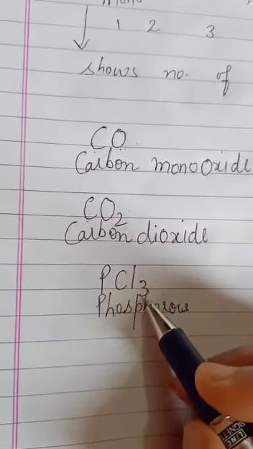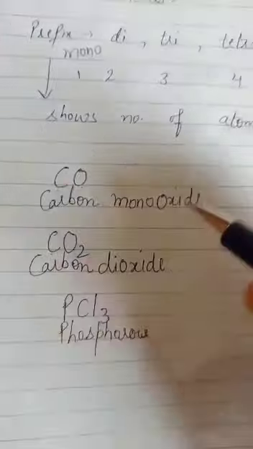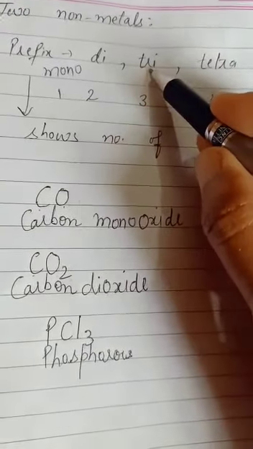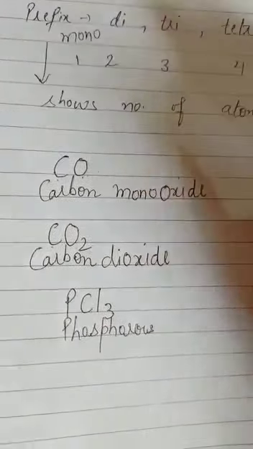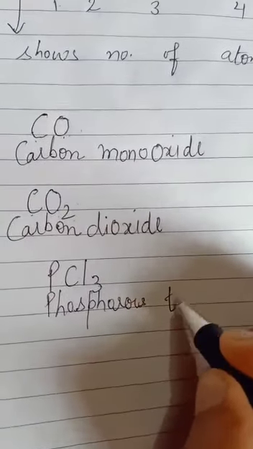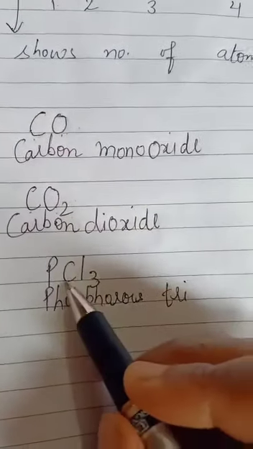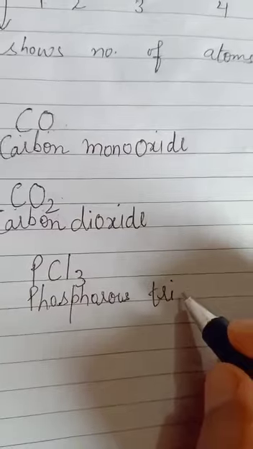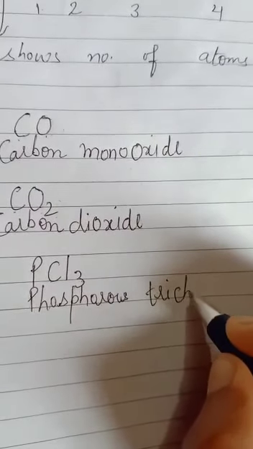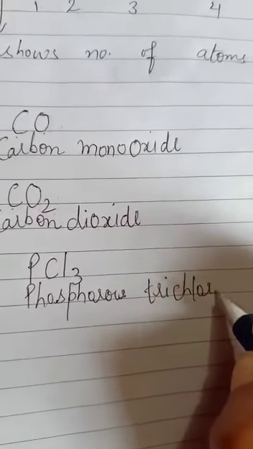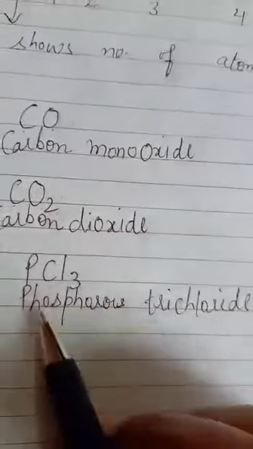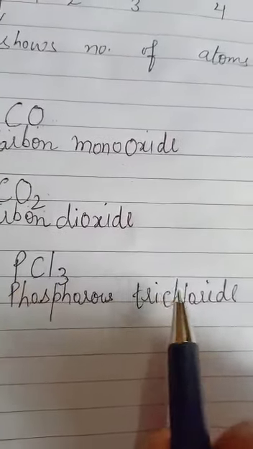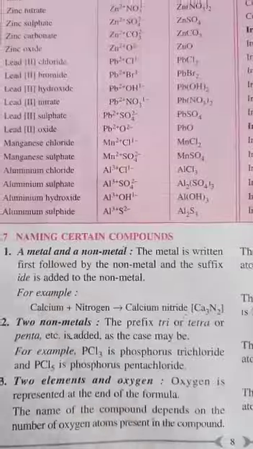Here there are 3 atoms of chlorine and for 3 atoms we use the prefix tri. And with chlorine use the suffix ide. So it becomes chloride. So the name of this compound will be phosphorus trichloride.